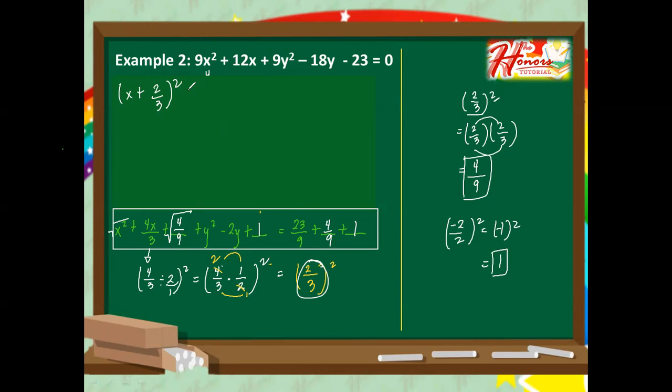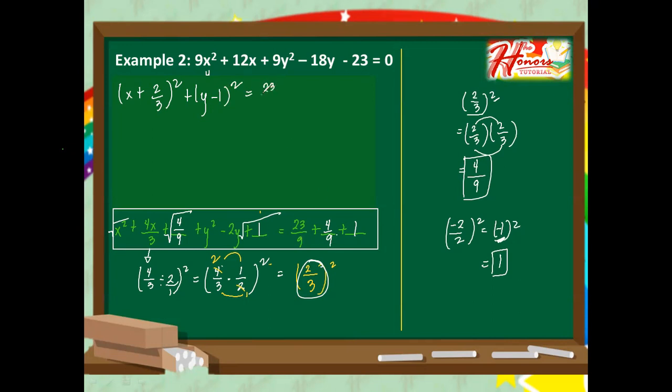We have here plus y, and then just get the square root of 1. But since in our factor this is negative 1, then we will get negative 1 here, raised to 2.